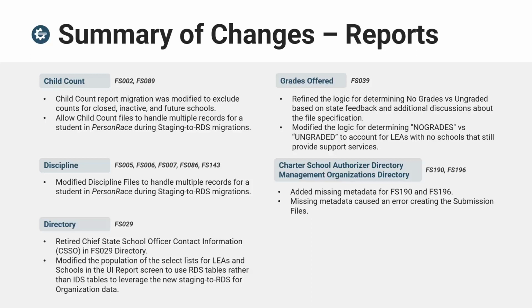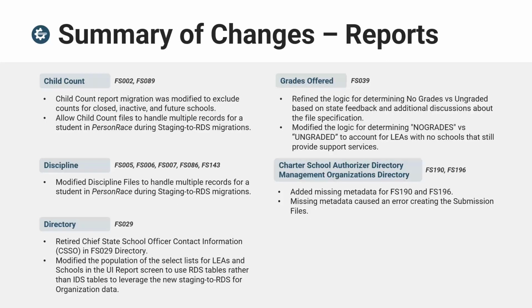And then for directory file 29, we retired the chief state school officer contact information per Ed. And then this one: we modified the code so that it now goes staging directly to the RDS. But in the report logic in the UI, when you go to pull the report in Generate, there is an LEA dropdown and a school dropdown when you drill down to those levels.